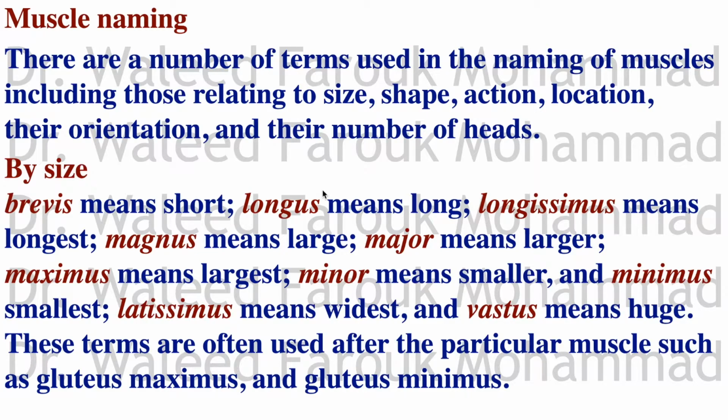Maximus, the largest. Minor means smaller. Minimus means smallest, or latissimus means widest, like the latissimus dorsi, and vastus means huge, like the vastus medialis, lateralis, and intermedius in the lower limb.